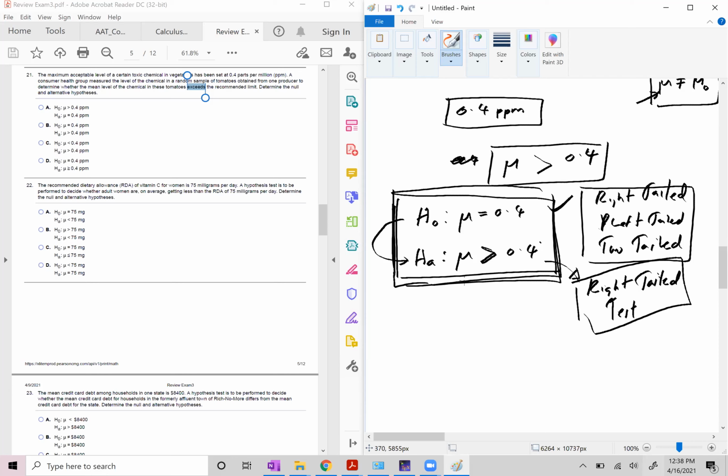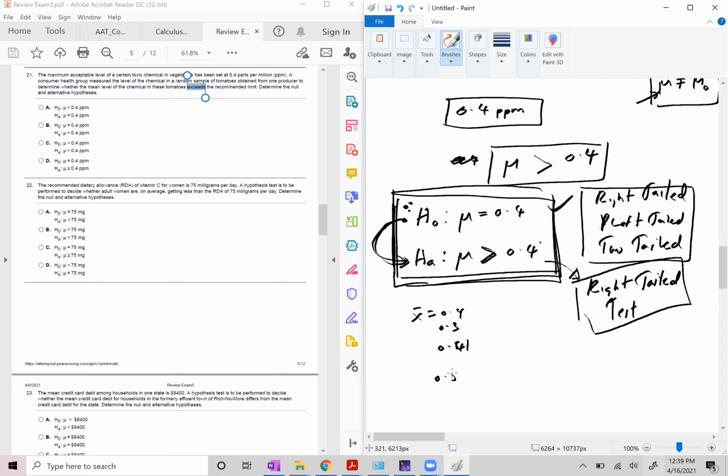To test this we use the sample. What kind of sample means would tell me to reject the null and go to the alternative? Small sample means or large sample means? For example, if your sample mean is 0.4, it's better to stay at the null. If your sample mean is 0.3, still it's better to stay at the null. If your sample mean is 0.41, still it's okay to stay at the null.